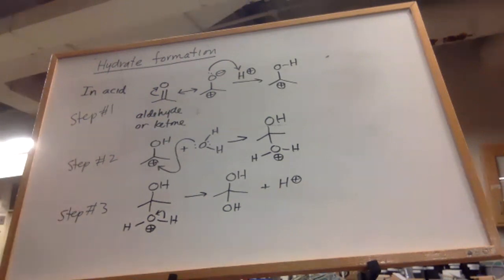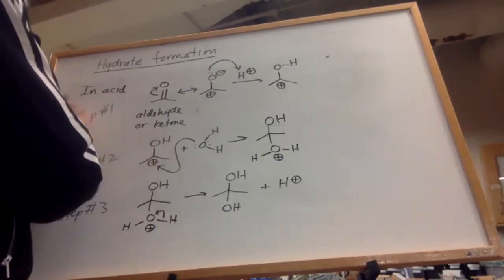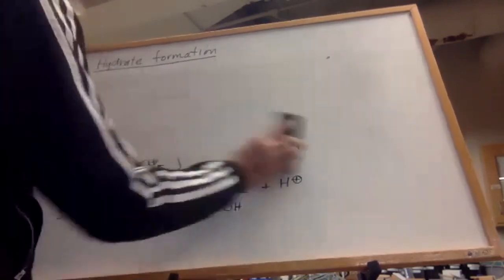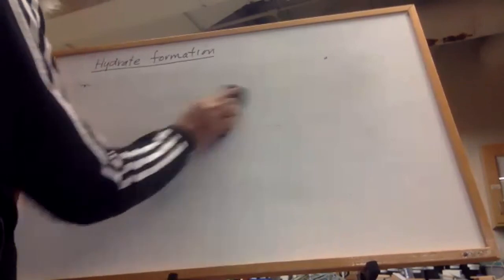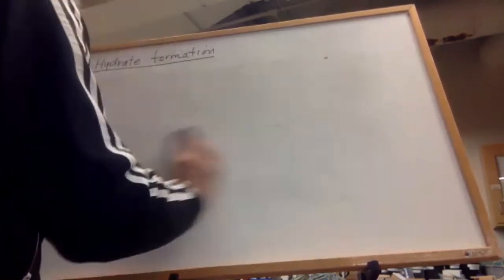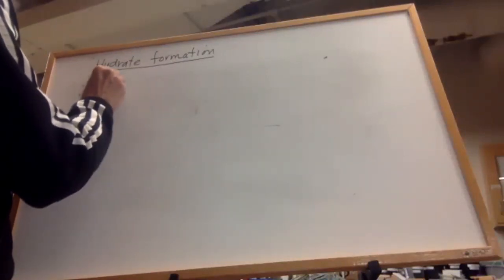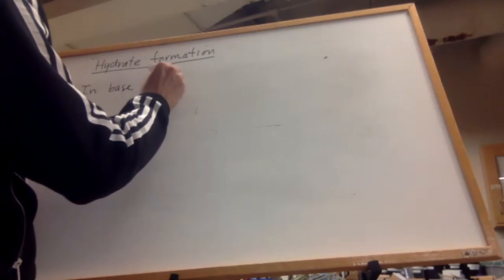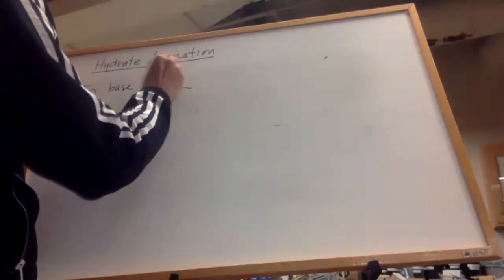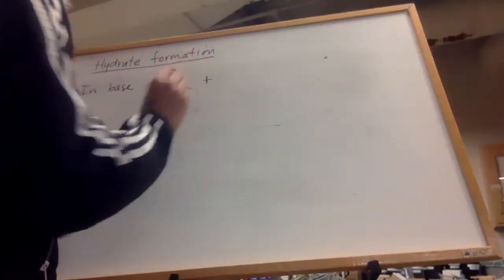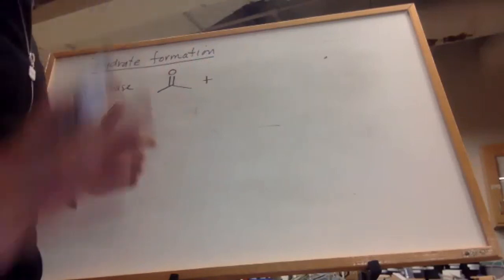All right, so let's finish up talking about hydrate formation under basic conditions. Okay, in base, so there's our aldehyde or our ketone. Under basic conditions, the nucleophile is not water.